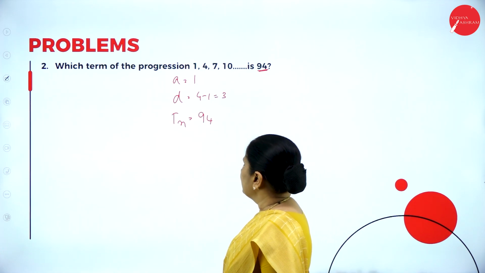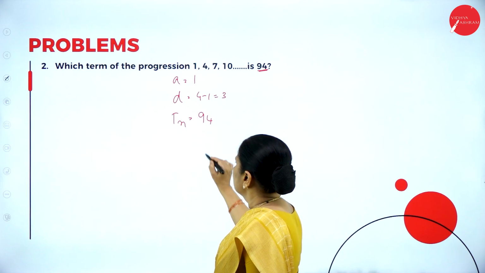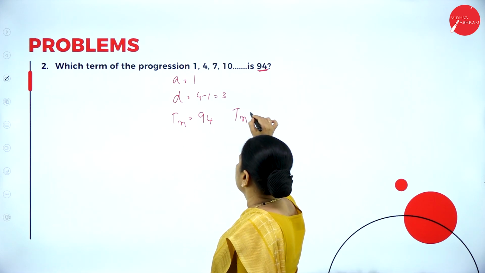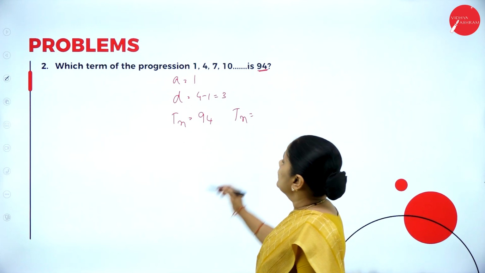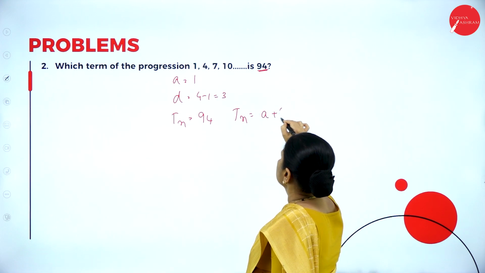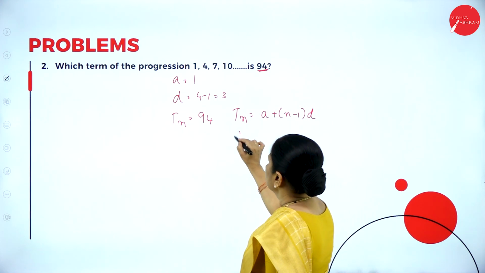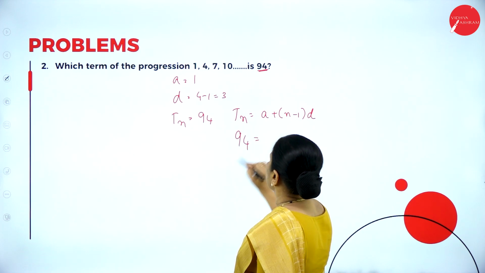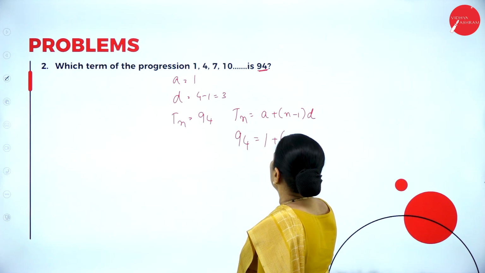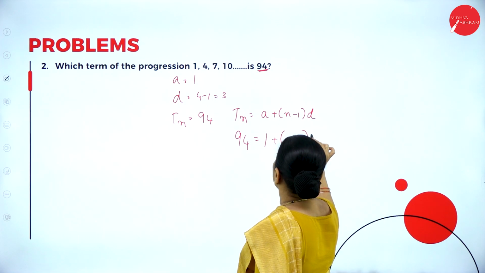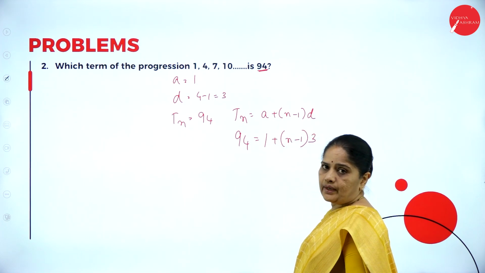So we have the formula for Tn. Tn equals A plus n minus 1 into D.